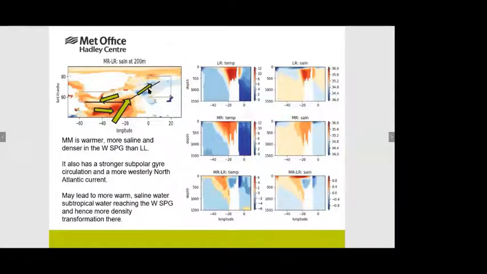This all suggests that in the medium resolution run, possibly because of the circulation differences, you're getting more of this warm salty water recirculating into the west subpolar gyre rather than the Nordic seas, and therefore that's where there's more dense transformation occurring.